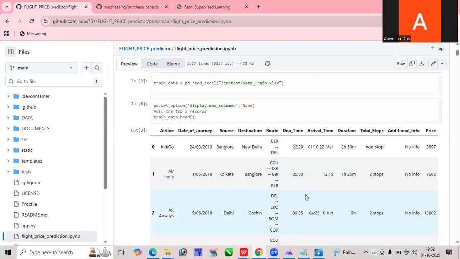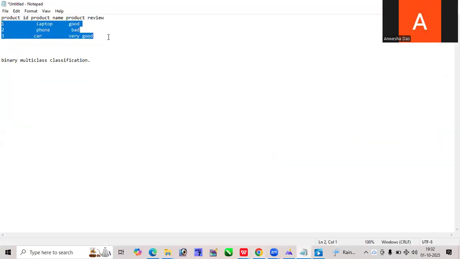Now, here I have taken another example. Here the product ID is there, product name is there, and based on that, the customer gave the review of the particular product. So here, if you see, the product ID is 1, the product name is laptop, and the product review is good. Product ID is 2, product name is phone, and the product review is bad.